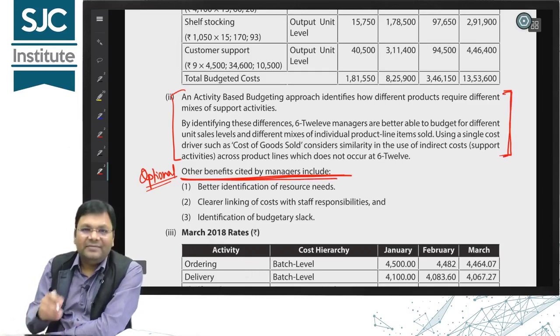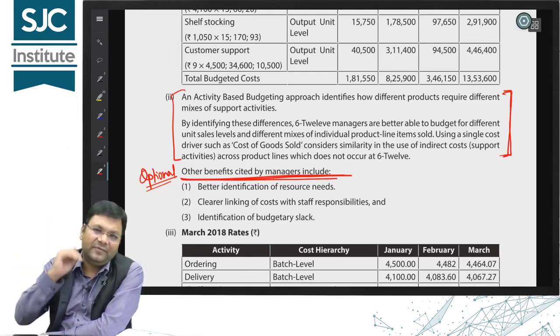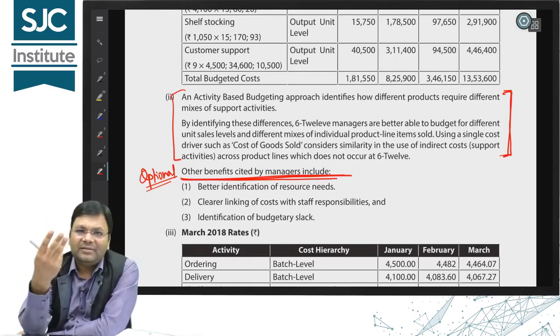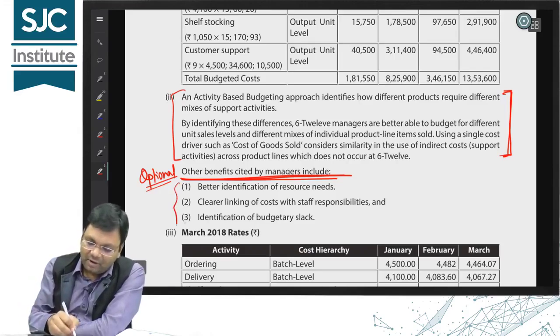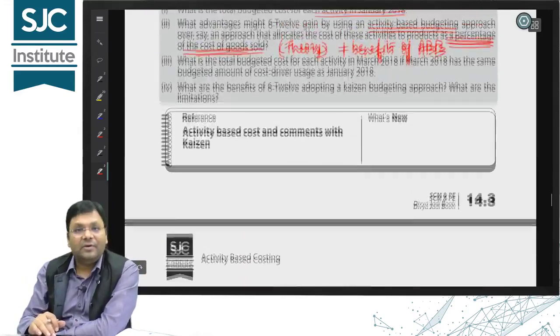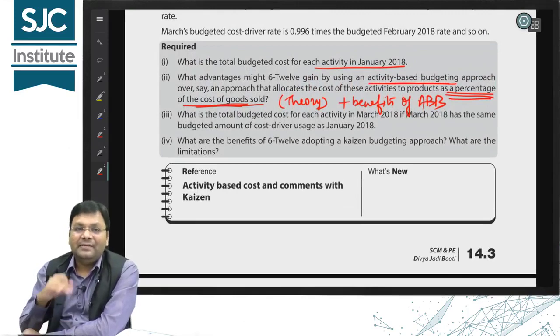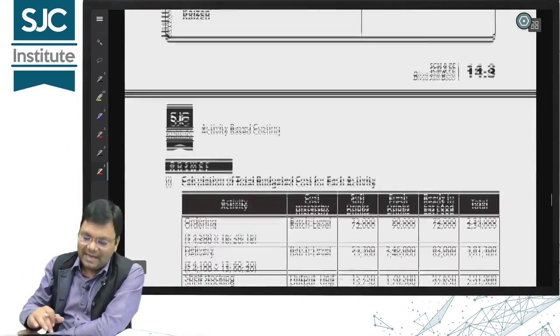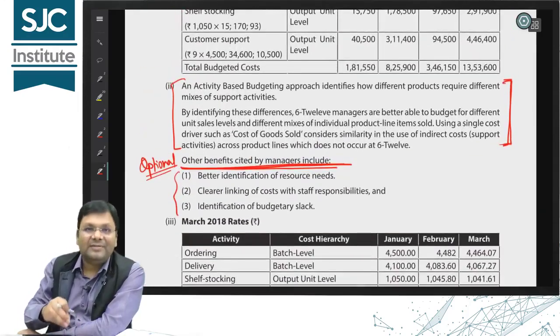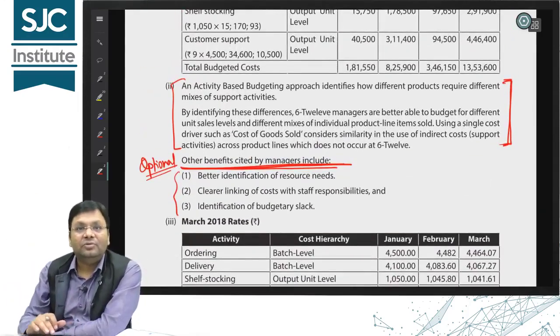And other benefits, which we have also noted in our notes just before, in activity based budgeting, if you remember the three key benefits: one was staff responsibility allocation, second was identifying the resources, third was elimination of budgetary slack. Remember, these three are optional, still you may write or you may not, just for knowledge. Many times the institute has given us more knowledge by questions, not directly in the concepts. So what I have done in my Saviour book is incorporate all these concepts also as a note, which are coming through questions.